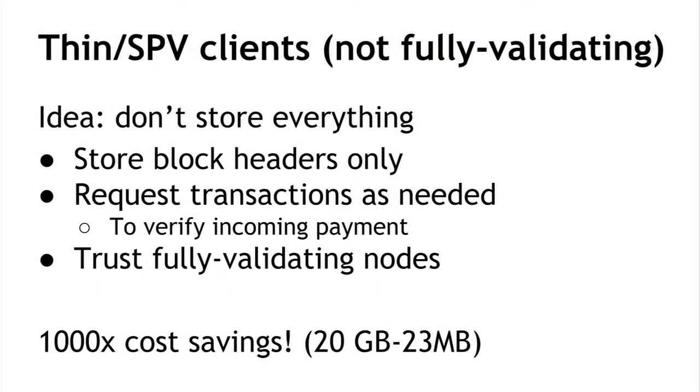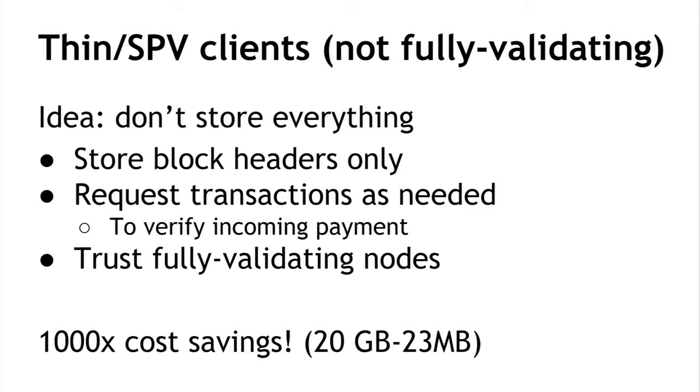Now, an SPV client like this won't have the full security level of being a fully validating node. And the reason is that when they hear a new block, the only thing they can check is the block header. They can check to see that the block was difficult to mine, but they can't check to see that every transaction included in that block is actually valid because they don't have the entire previous blockchain. They don't know the entire unspent transaction output set.